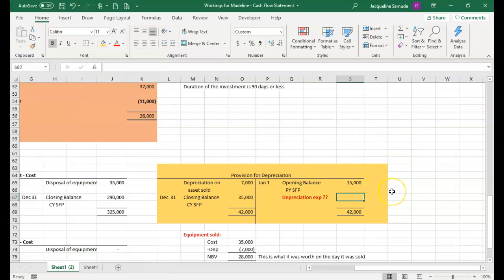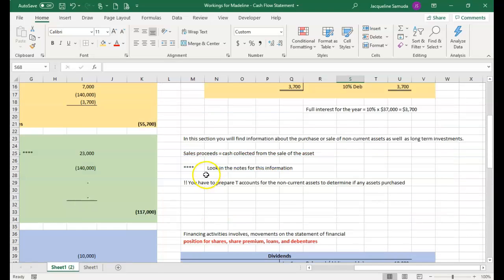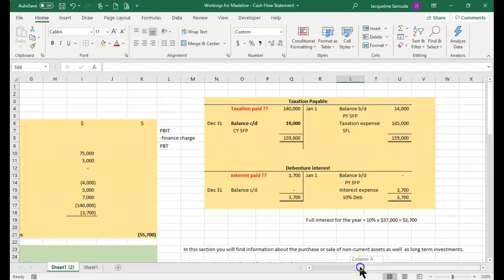So the depreciation is a missing figure. It is that figure, when you include it, that makes a total of 42,000 on the credit side. So our depreciation expense is $27,000. Let's put it in.